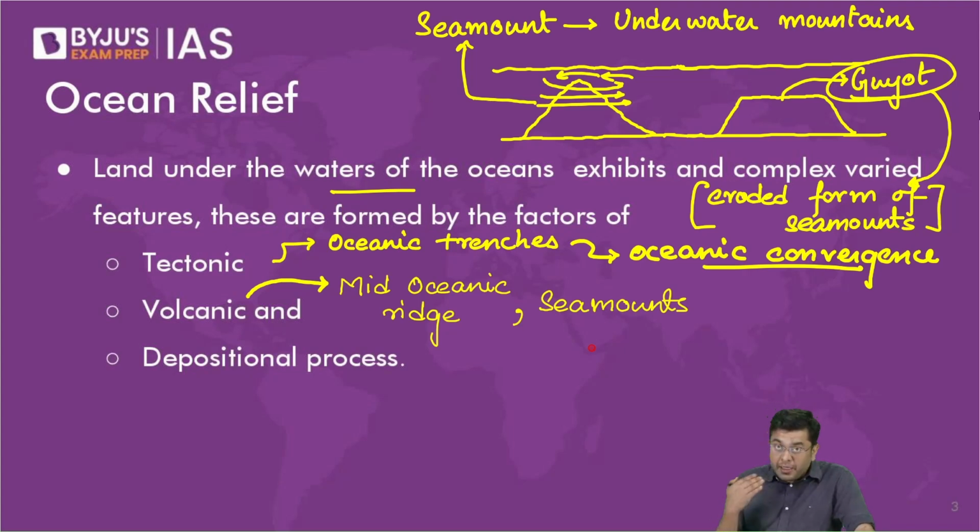Okay, many of the times it is the volcanic processes, as we have studied in the case of sea floor spreading as well, which end up creating a newer crust, which later on becomes the oceanic bottom.